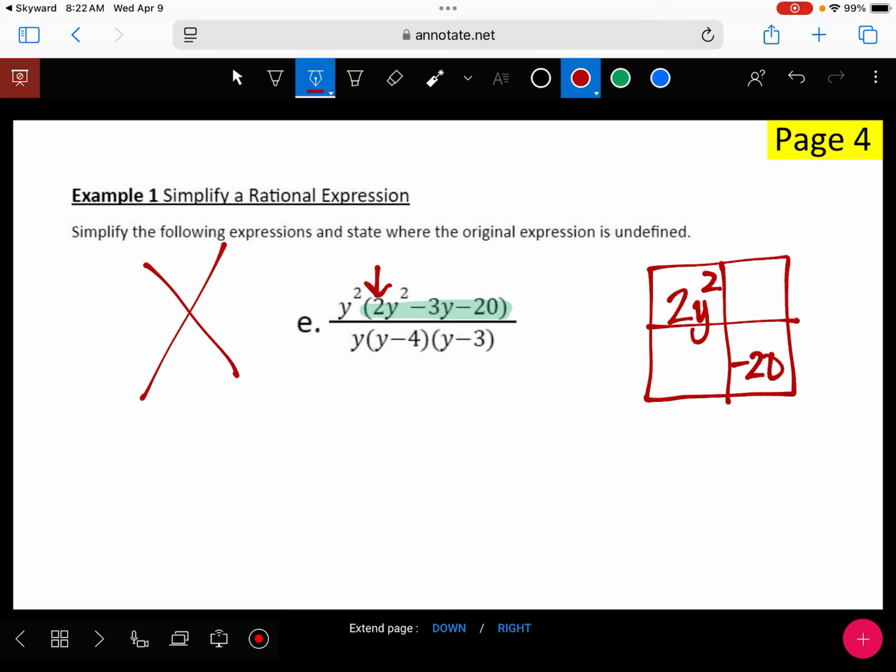And then I need to find my two numbers that multiply to give you 2 times negative 20. So 2 times negative 20 is negative 40, and they add to negative 3. So this one might take us a little longer. I'm going to give you all a couple minutes to find the numbers. They multiply to give you the top and add for the bottom.